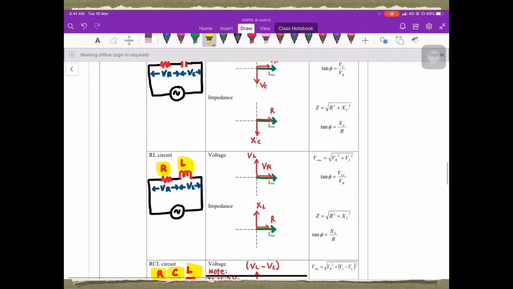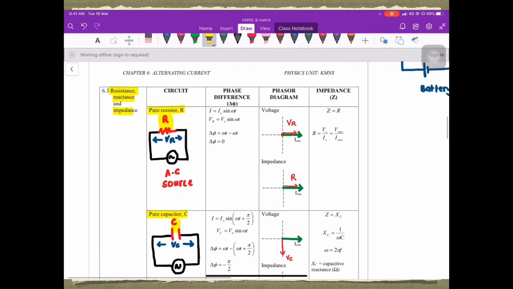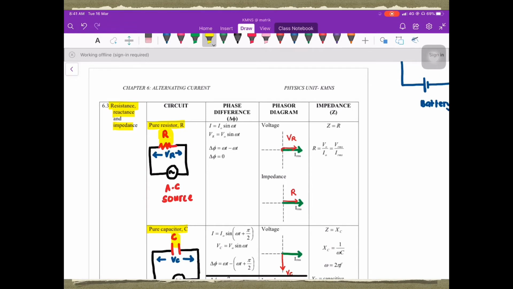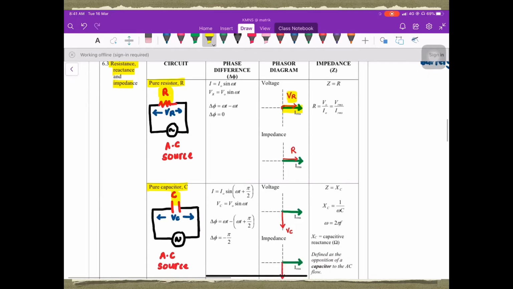Now, we look at the phasor diagram. We need to draw a phasor diagram for each circuit. Start with the pure resistor. Make sure for the resistor, we draw IRMS and the voltage across the resistor.